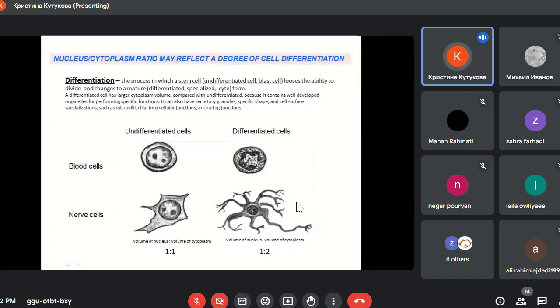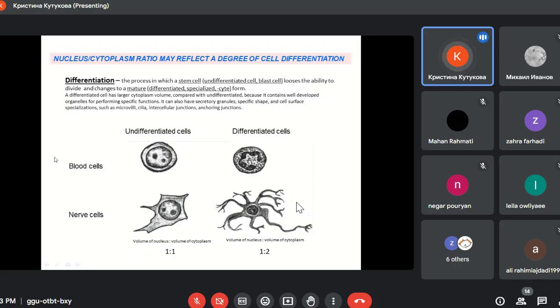It may stay the same, but almost always, at least, volume of cytoplasm increases during the differentiation of a cell. Because a cell, when it differentiates, develops a lot of specific organelles which will be needed to perform the specific function of such a cell. And these organelles will take some volume of cytoplasm. And so volume of cytoplasm increases.